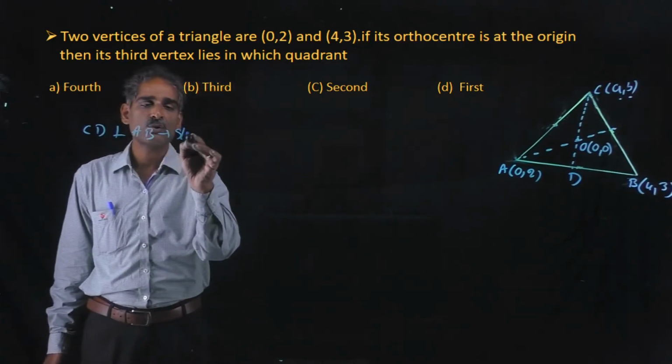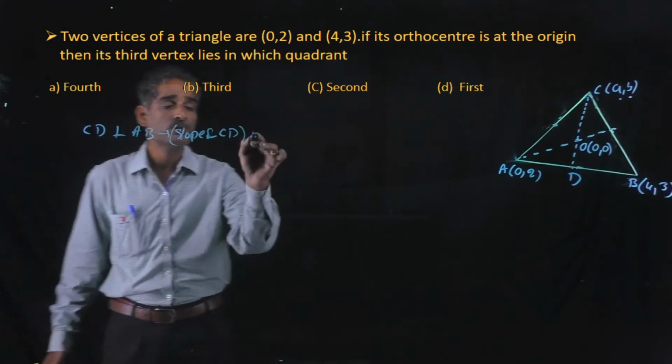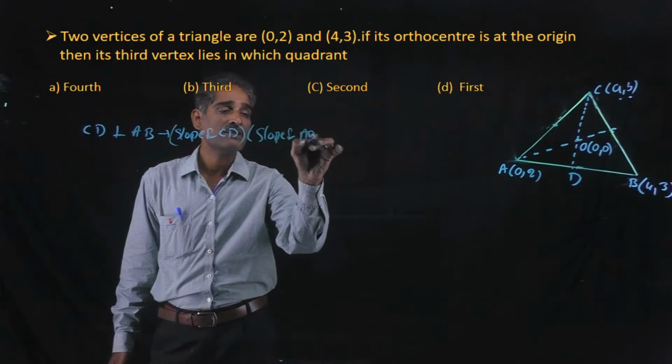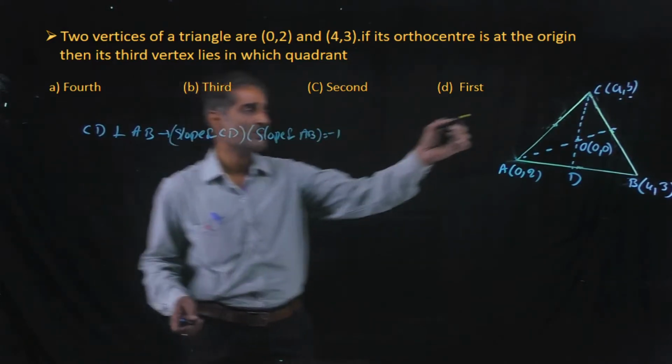Therefore, the slope of CD into the slope of AB is equal to minus 1. So now tell me, what is the slope of CD?